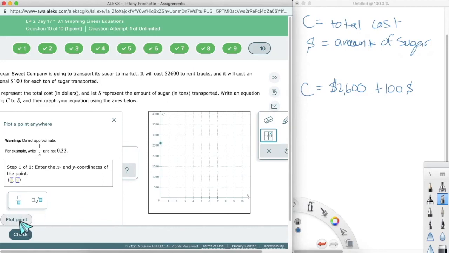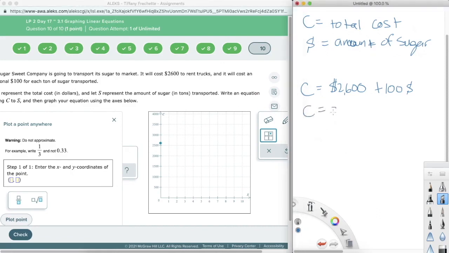So the next one, I want to see how much it's going to be, because I need at least 2 points here. So I can go C equals 2,600, and they're not telling me what to plug in. I'm going to choose what to plug in to find my next point here. So I'm just going to go ahead and go with 1 ton of sugar. So this is going to be 100 times 1, which is 100.